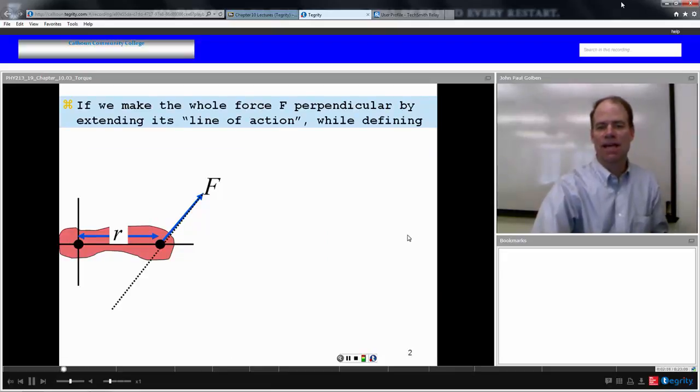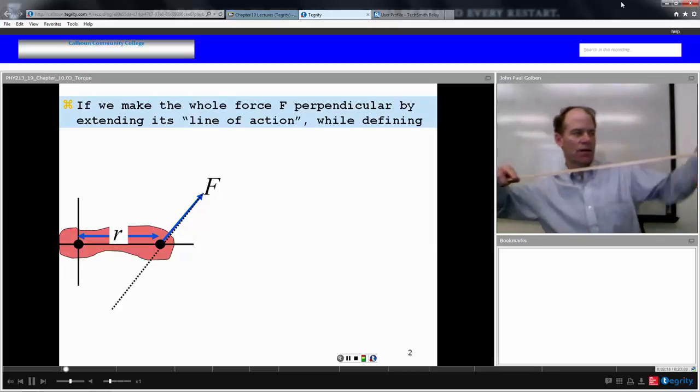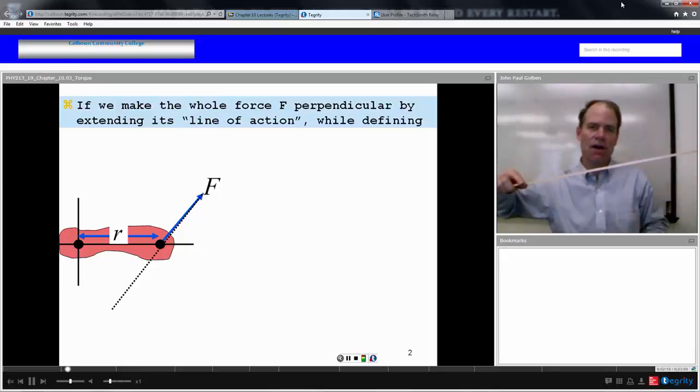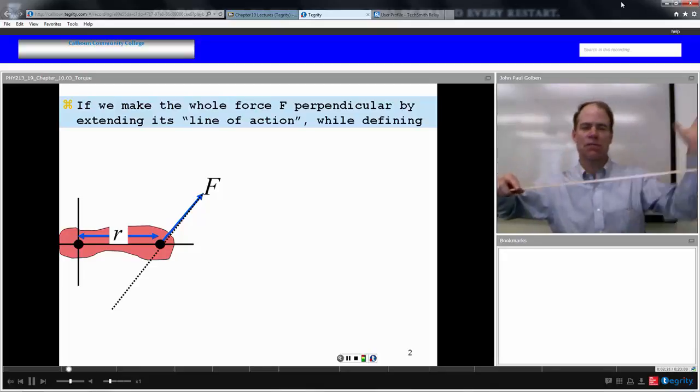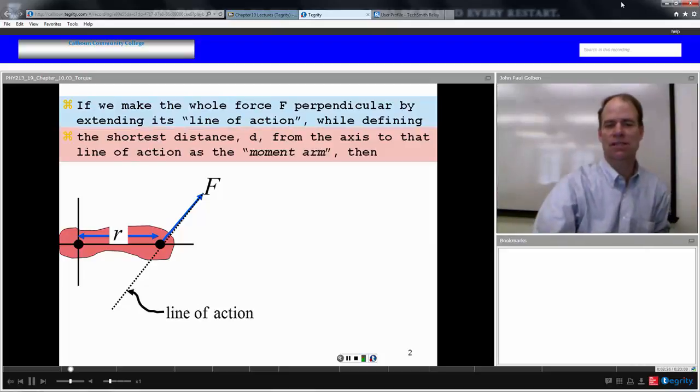If we were to extend the line of action of our force, so if I have a force like here, and I extend a line of action, which is a line that is infinitely long along the same direction as the force, and I found the shortest distance to that line of action, I'm going to call that distance the moment arm, and that will be this distance d.